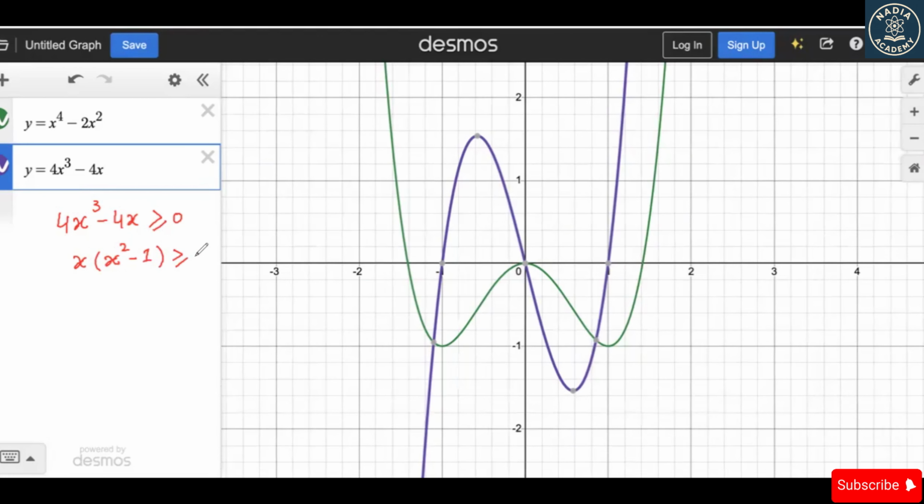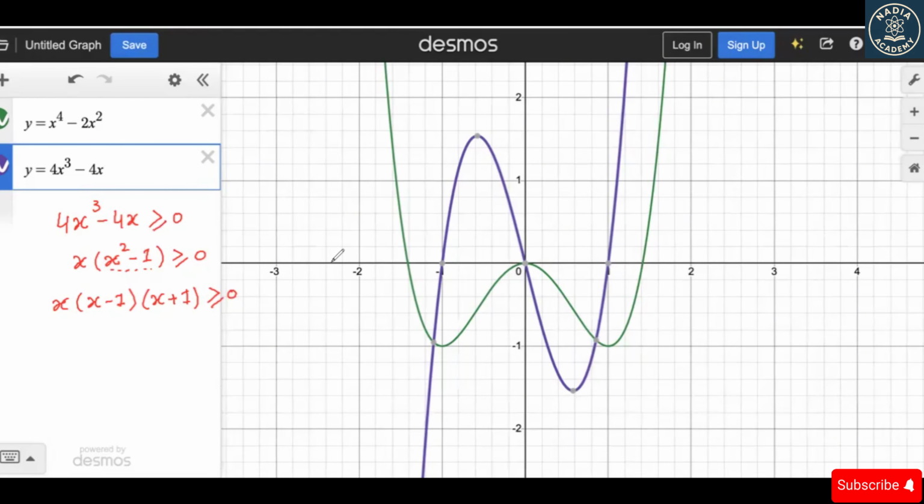This quadratic factor can be changed into linear factors using the difference of two squares formula. So this turns into x times (x minus 1) times (x plus 1) is greater than or equal to 0.